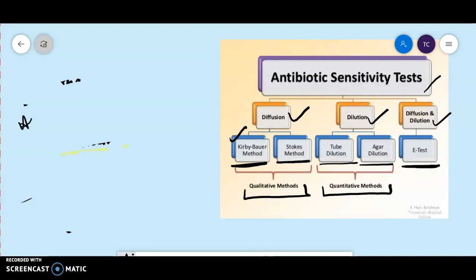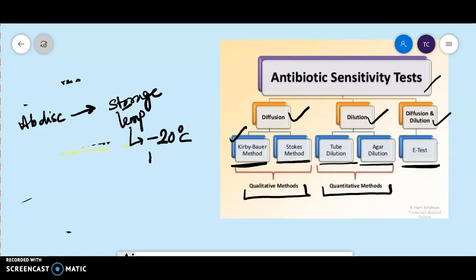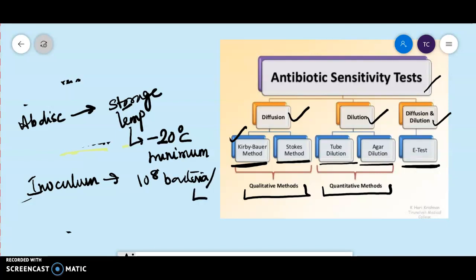The storage temperature is very important, and the storage temperature is usually -20 degrees C minimum. Then is your inoculum. How much inoculum you will be adding onto the particular plate. So that is your 10 to the power 8 bacteria per liter.